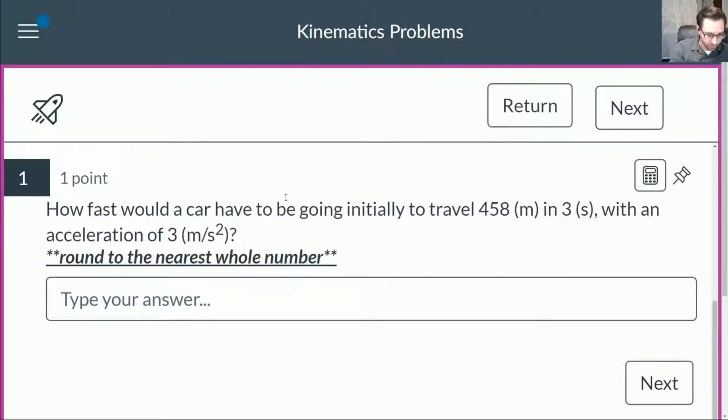So what I'm going to do is insert a table.